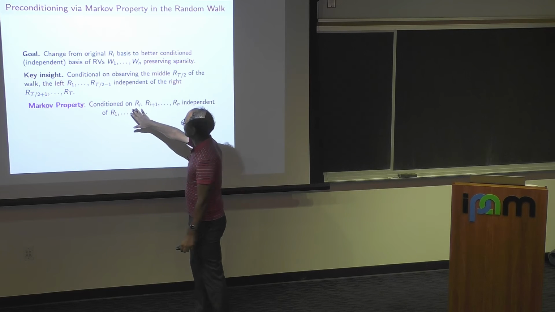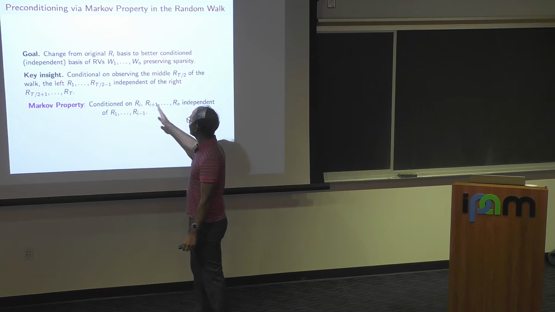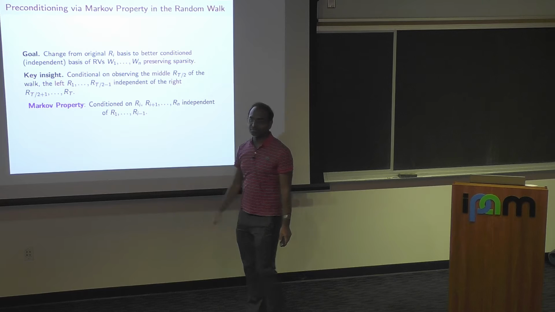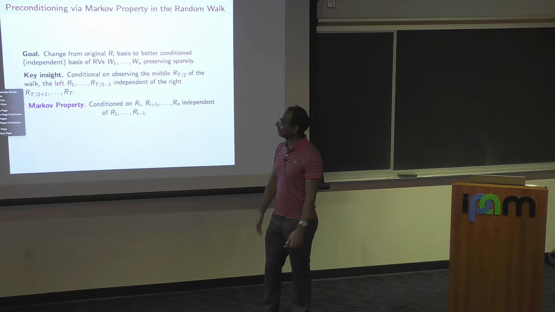For Gaussians, when you have independence, once you do the conditioning properly, that means the covariance of the two is 0. As long as I have independence, when I scale it, I will get a good condition number. So in general, once I condition on R_i, everything after it is independent of everything before it. Okay, so how do we use it?